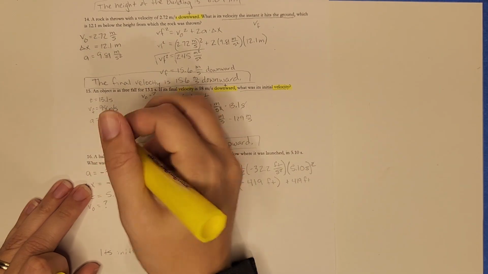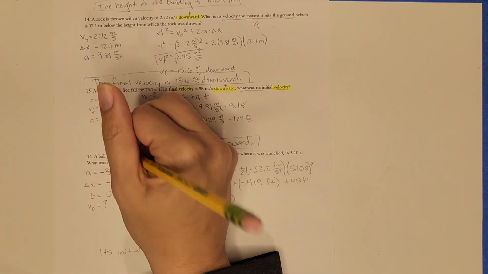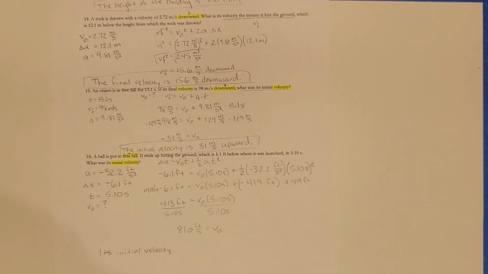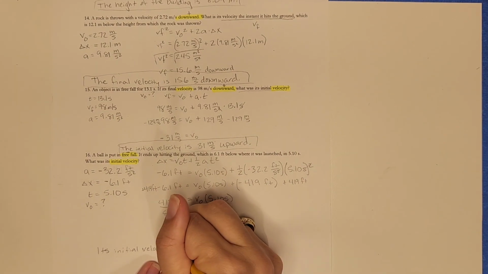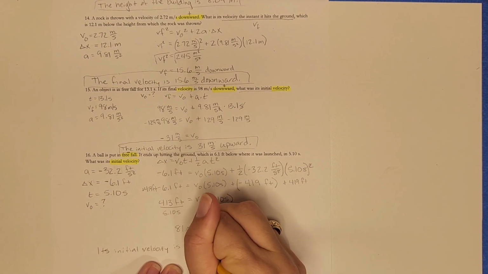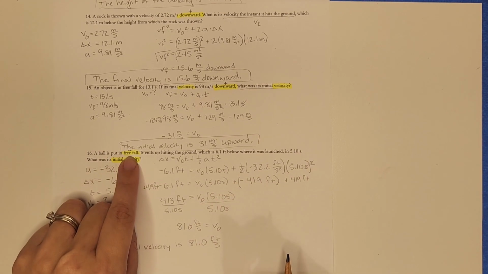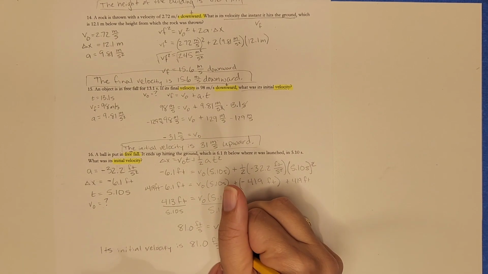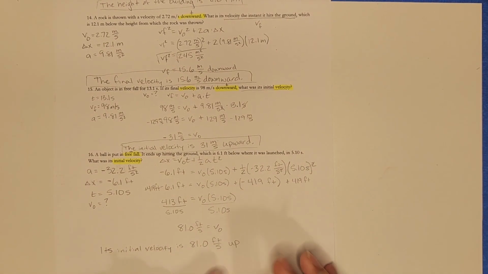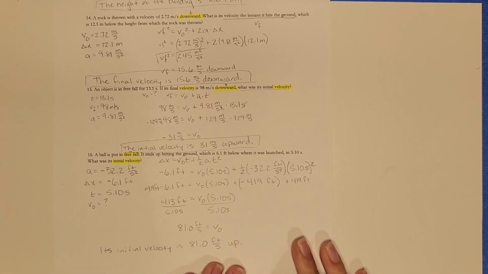I should define up here what my free fall is going to be, and I decided it was negative for this one. So its initial velocity is 81.0 feet per second. I decided that down was negative for this one. So this is positive, and so that means that the ball was thrown upward to start with.